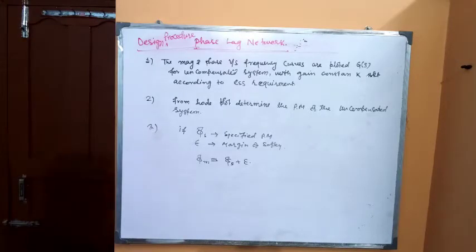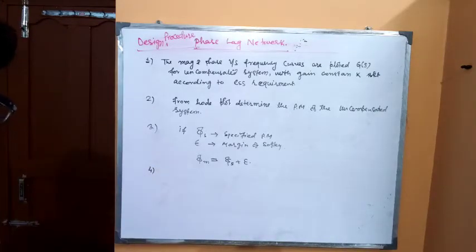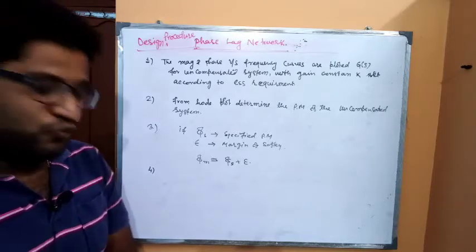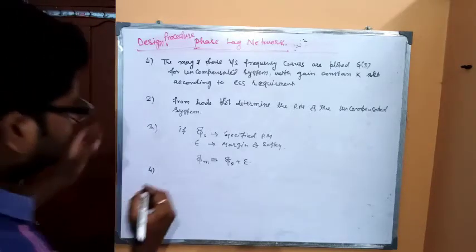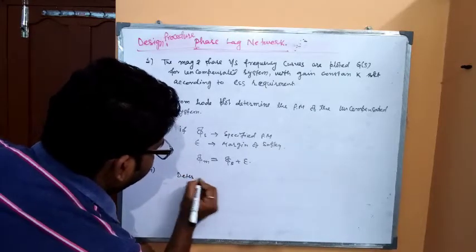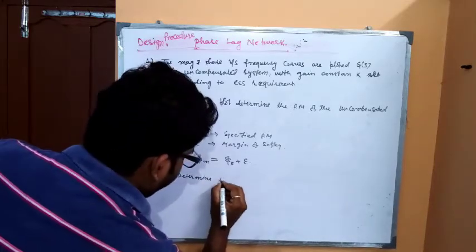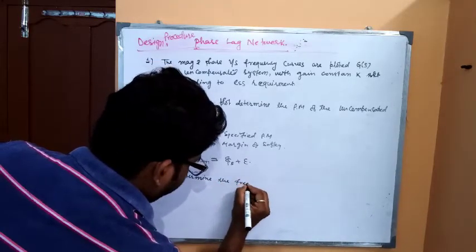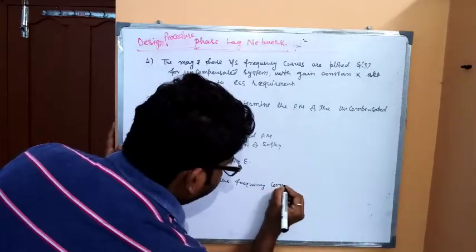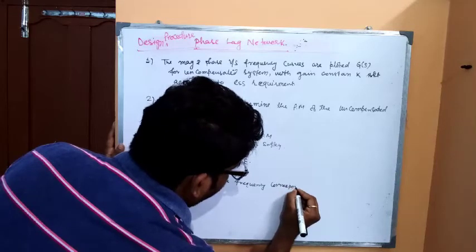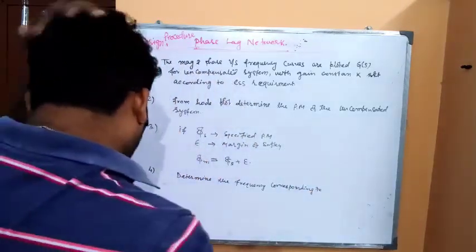Now the fourth step is to determine the frequency corresponding to the required phase margin from the phase curve.